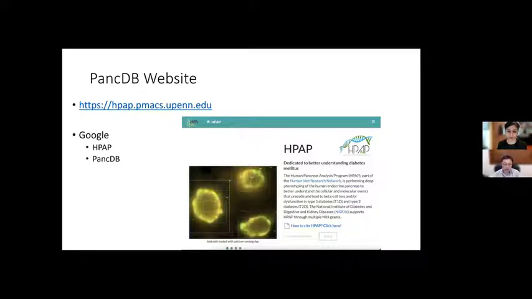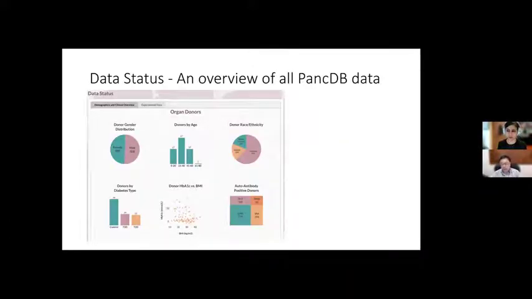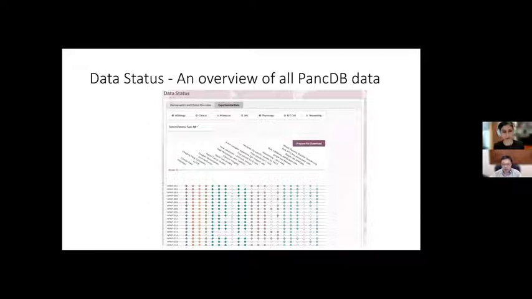It's just that easy. And then if you're new to PancDB, I will suggest you start with the data status page, which provides you an overview of all the PancDB data. So it has two parts. One is the demographics and the clinical overview with a summary of all the data we have. And the second part, experimental data, it pretty much looks like this, a plot.